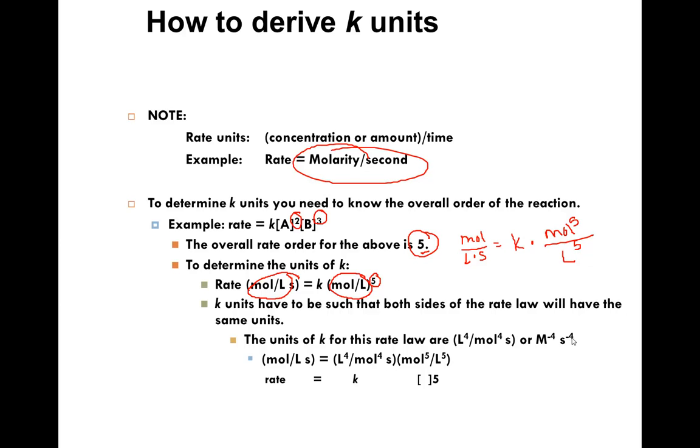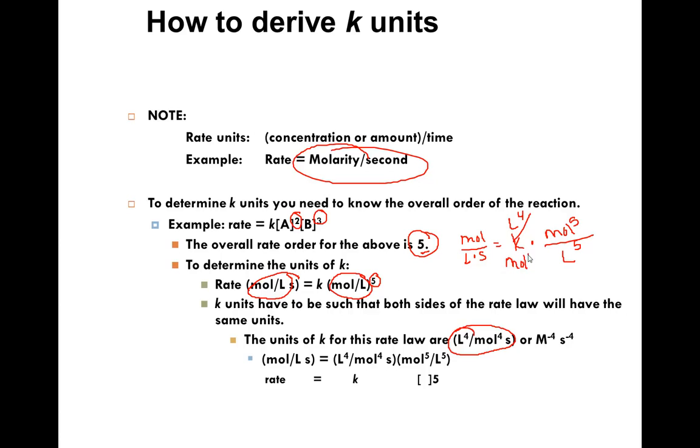K units have to be such that both sides of the rate law will have the same units. The unit of K for this rate law would be liters to the 4th per moles to the fourth times seconds.